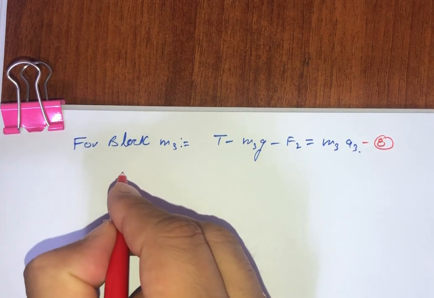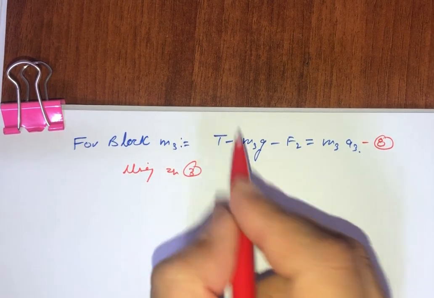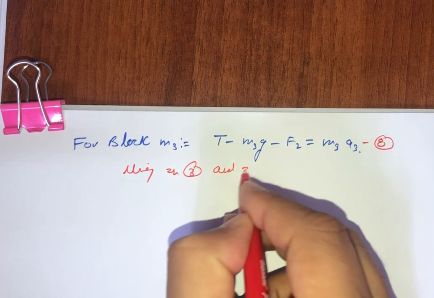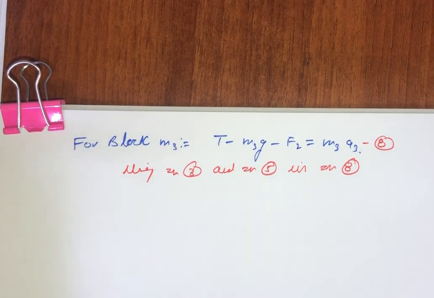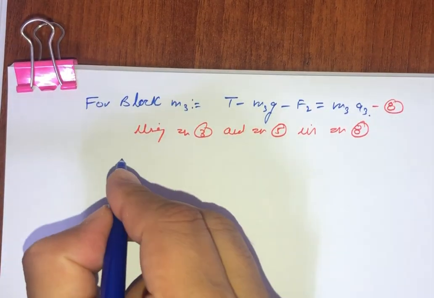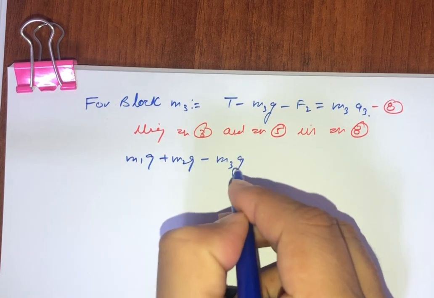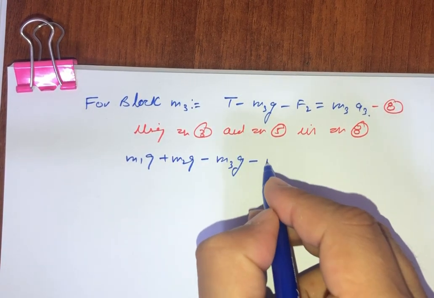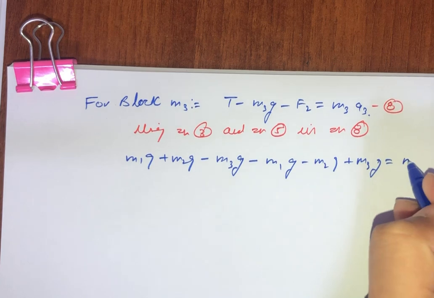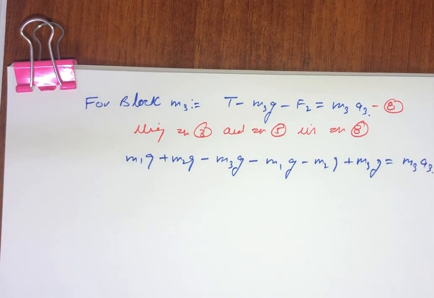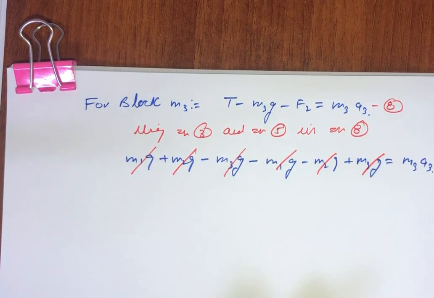Using equation number 3, the tension equation, and F2, equation number 5, in equation 8, we know tension is given as M1G plus M2G minus M3G, and F2 is given as M1G plus M2G minus M3G.